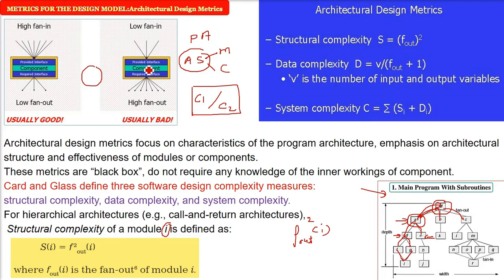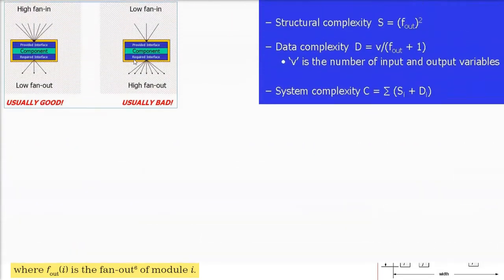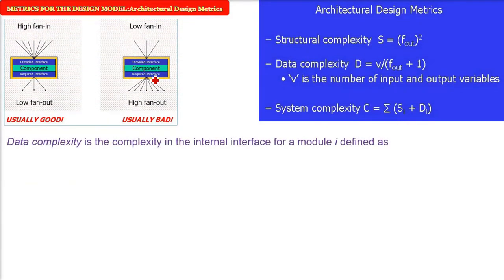Now coming to the data complexity. The data complexity is the complexity in the internal interface for a module i. How do we define it? What is the interface? How do you get inside a function or a module? Through variables. And what do you get from these functions or modules? Variables.